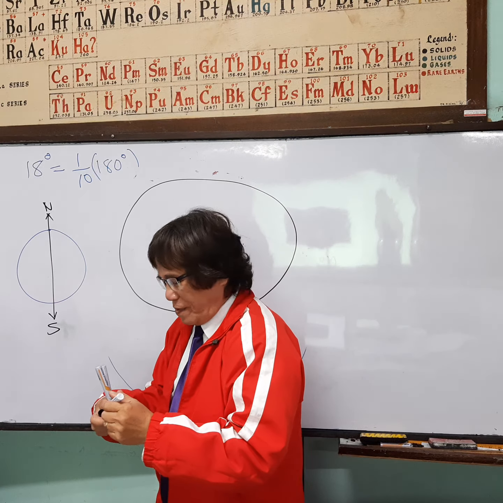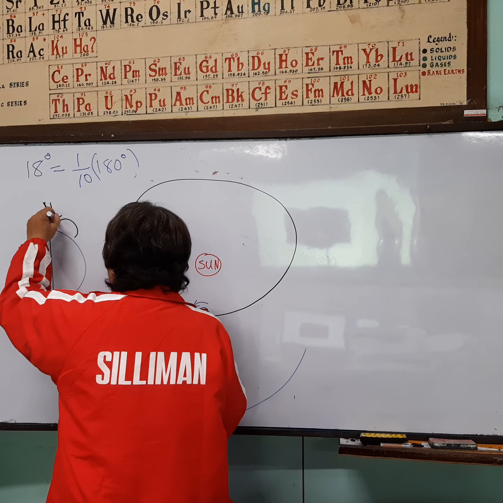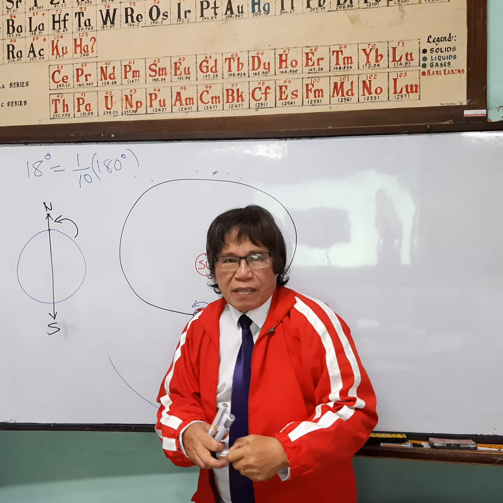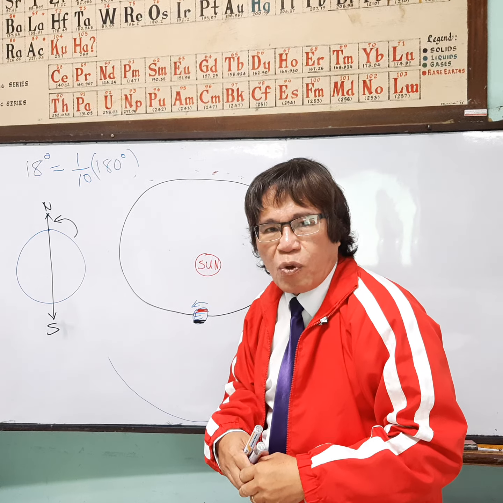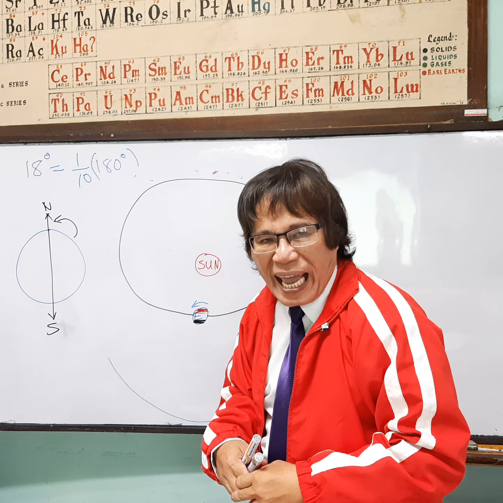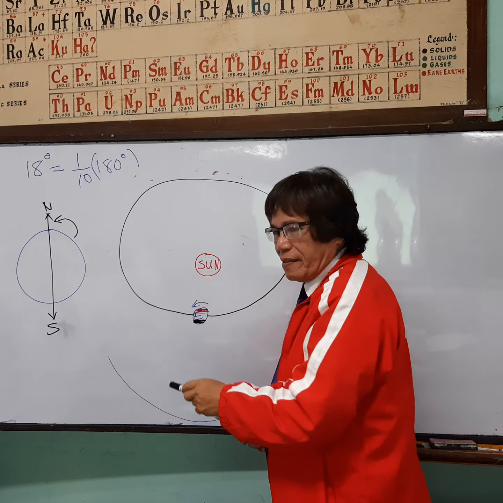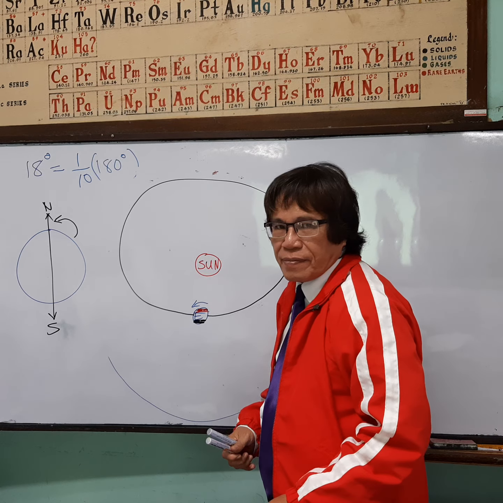Okay? So, the earth rotates on its axis counterclockwise. The rotation of the earth on its axis is the one that causes daytime and nighttime. So this one facing the sun, daytime. The other side, nighttime.